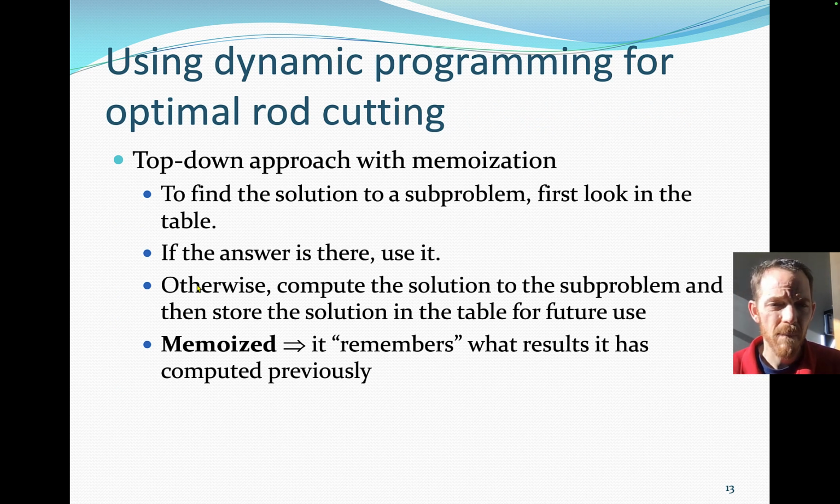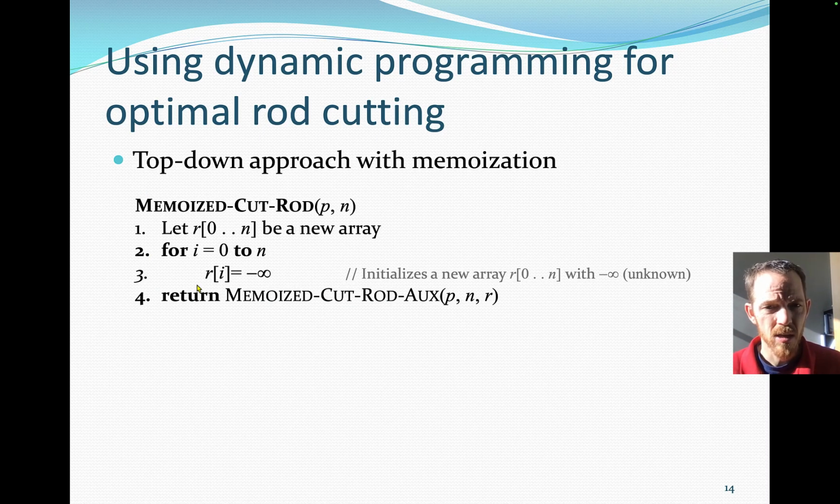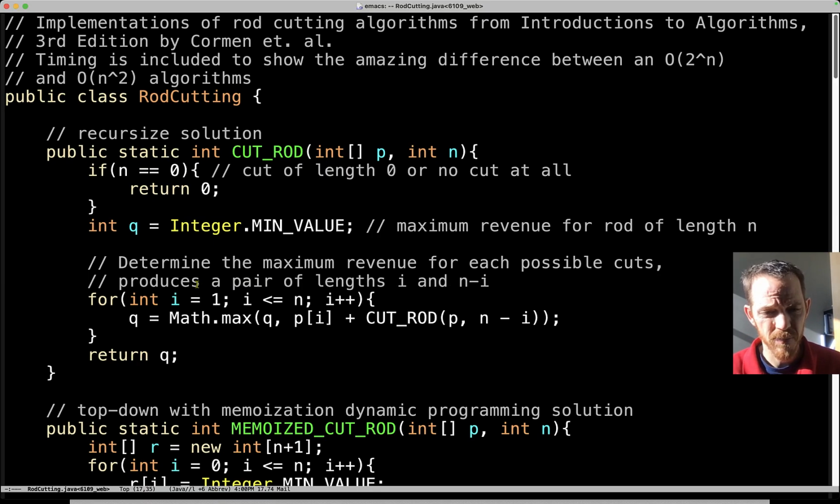Let's first talk about memoization. We're going to find the solution to a subproblem. First, look in the table. If it's not there, then we'll compute it, and then we'll memoize it. We'll remember it for the future. Let's look at the code.